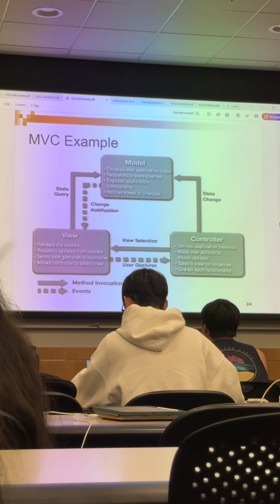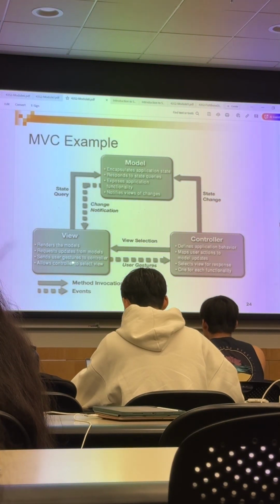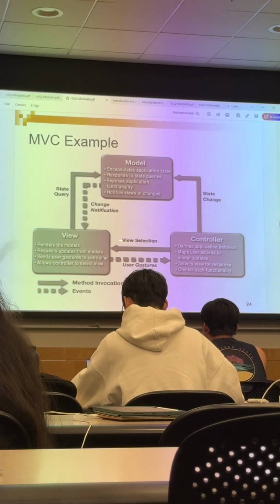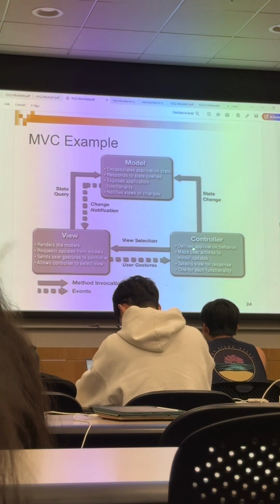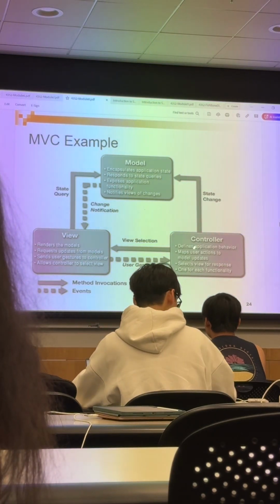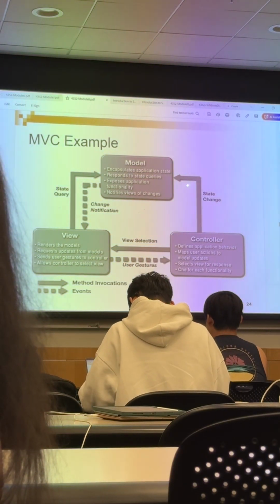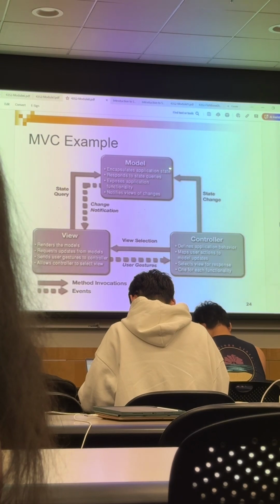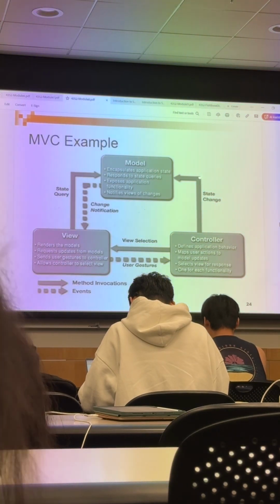This is the block diagram of MVC. As you can see, there's a view that interacts with the user. The controller is the sequencer. It communicates with the view and communicates with the model. Observe that the model does not communicate with the controller directly. The controller is the one that communicates with the model.